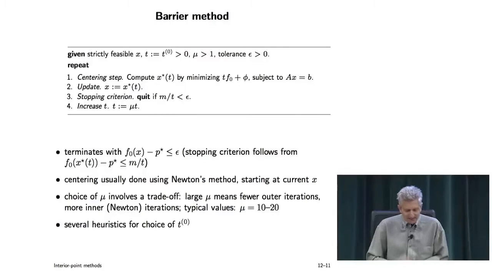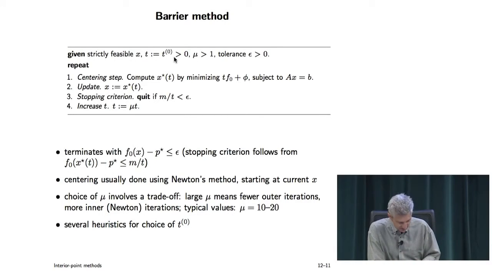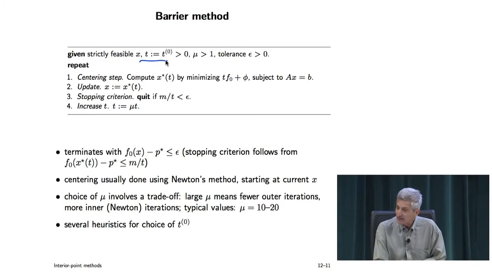So now the sequential method, that's the barrier method, and it works like this. You start with some point that's feasible, and some positive t. Now it's parameter mu. This is a very simple method, and you're going to do the following. You're going to compute x star of t by minimizing this thing, subject to Ax equals b. Then you're going to update. That's going to be your new value of x.